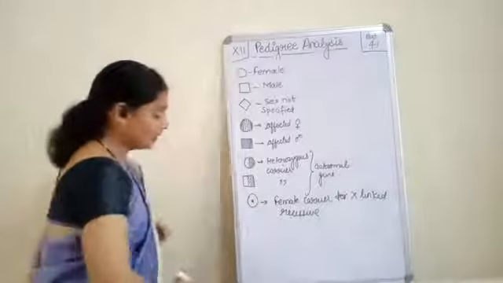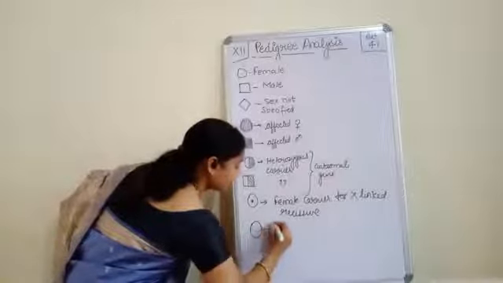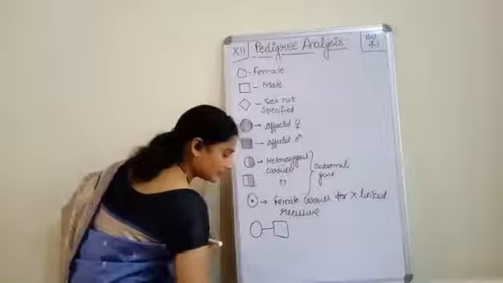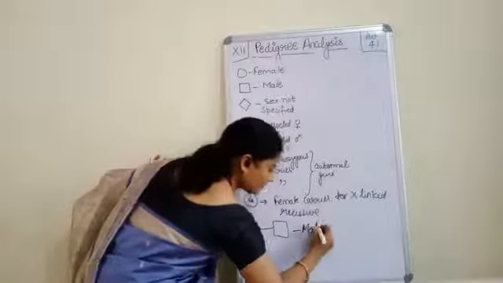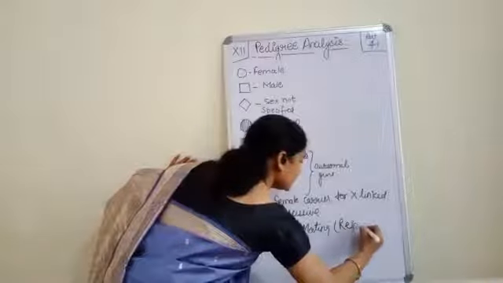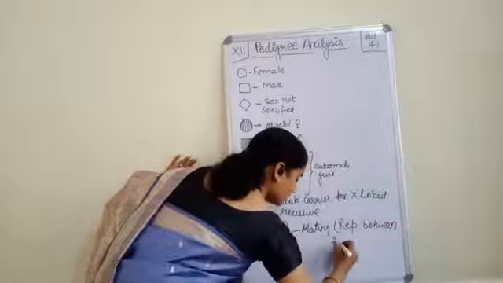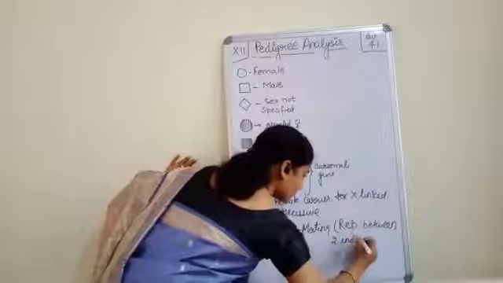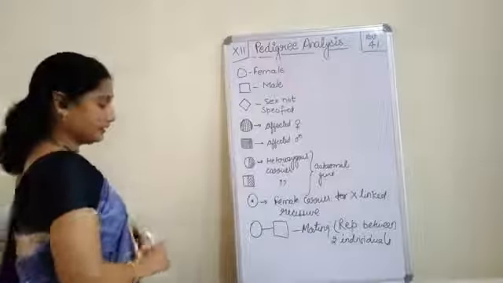Now, we can even draw a circle and a box joined like this, which shows mating, or we can write it as reproduction between two individuals. Clear?